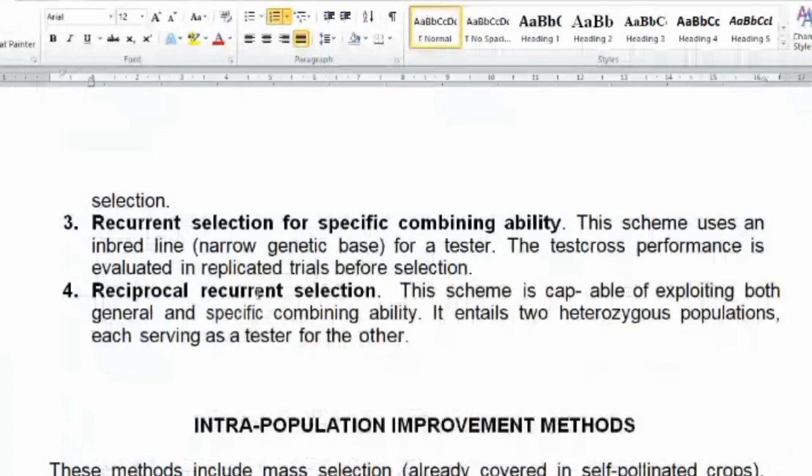Reciprocal. Let me explain something about this reciprocal thing.